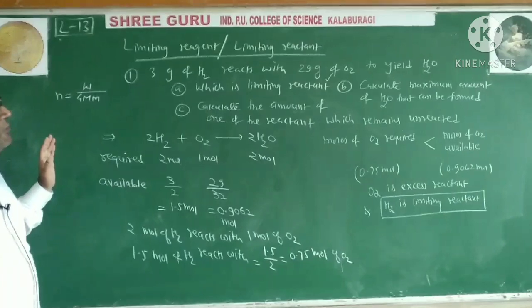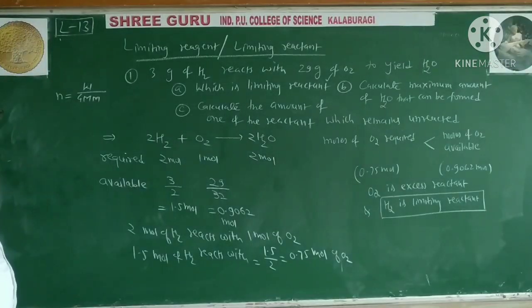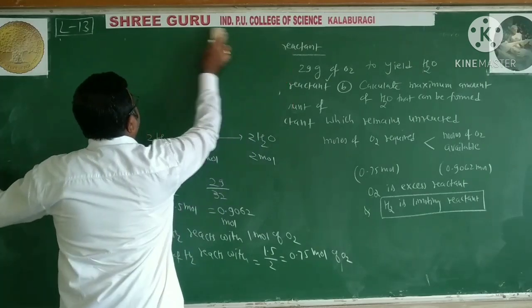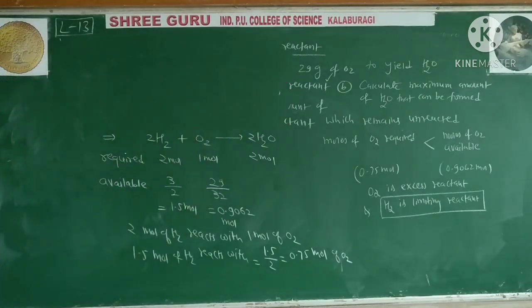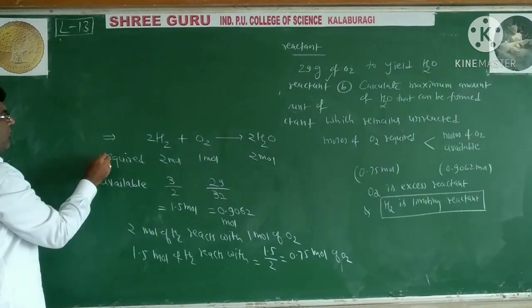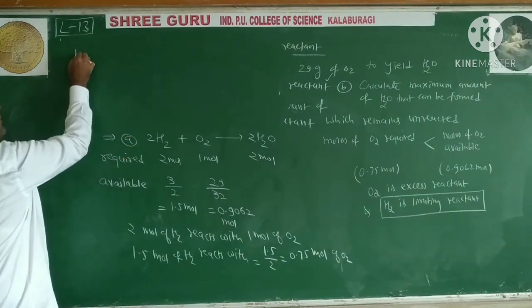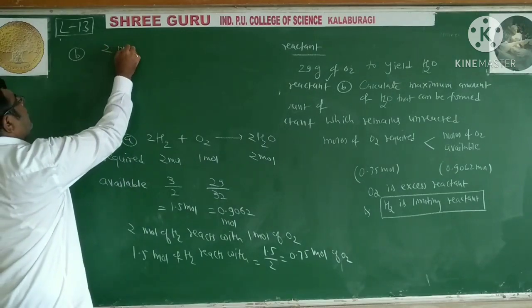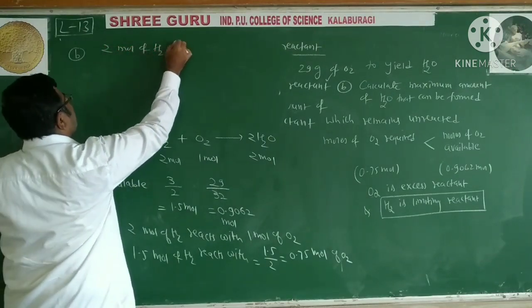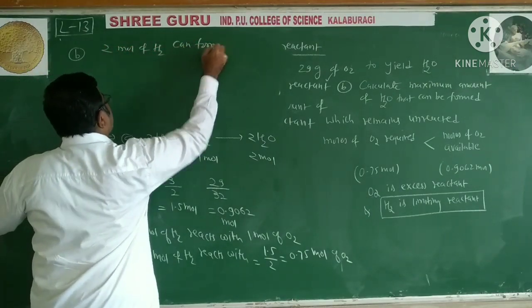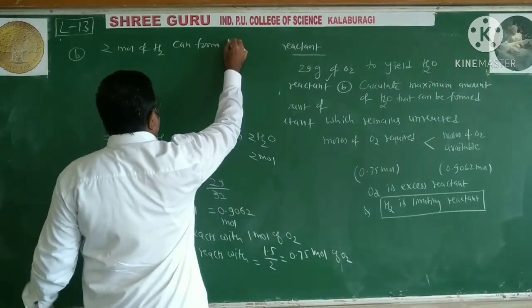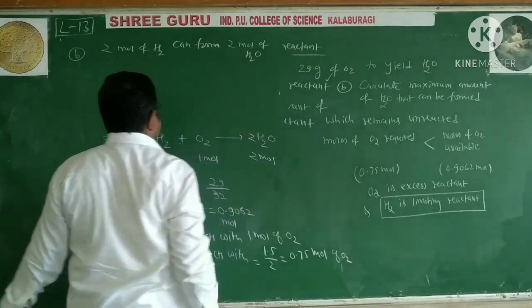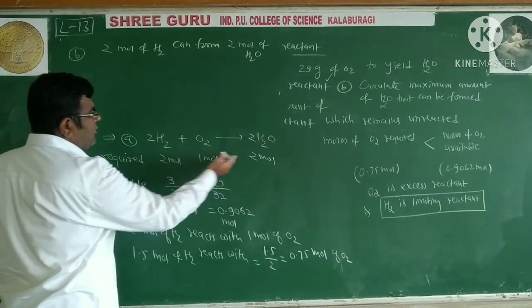So the maximum amount of H2 that can be formed can be answered by this relation. So we are now solving part B. We can say 2 mole of hydrogen can form 2 mole of H2, isn't it? 2 mole, 2 mole.